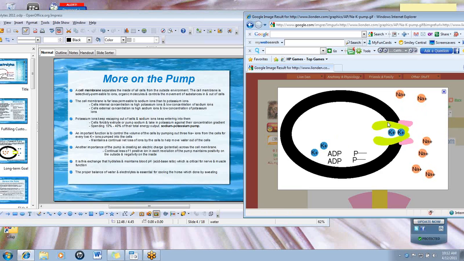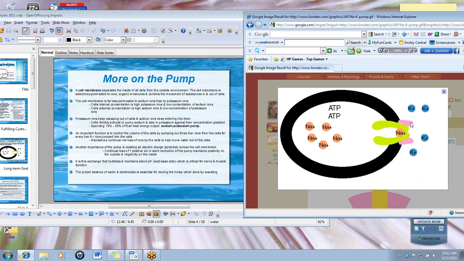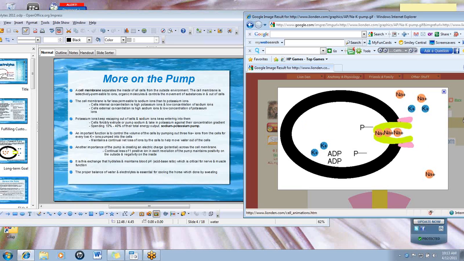So you can kind of see this going on. And this happens actually with a force or a pumping action. The cells will force or pump the sodium out and take in potassium against a concentration gradient.